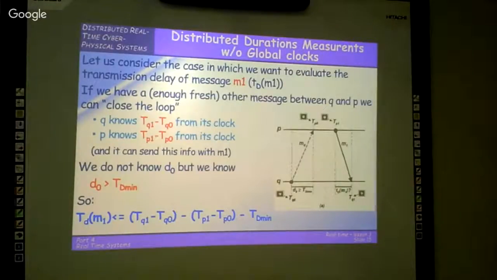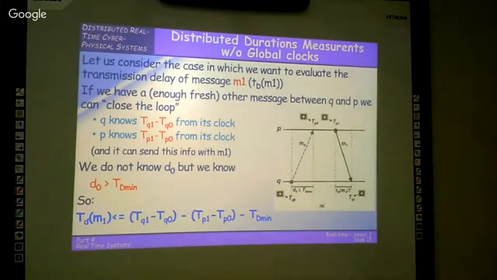Because we can say that process Q knows TQ1 minus TQ0. This is a local measure, easy to take. And also P knows TP1 minus TP0, so it knows this interval. So we know the big one here and the shorter one here. And P can send back this information with message M1. Okay, in the same message I can carry also this kind of information.